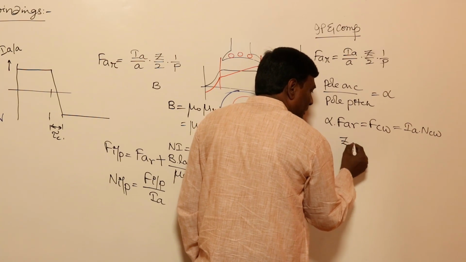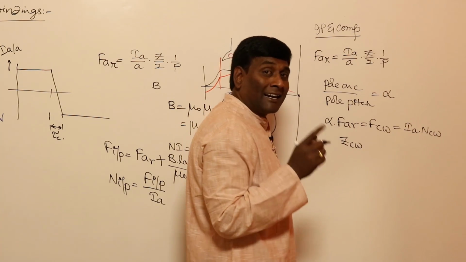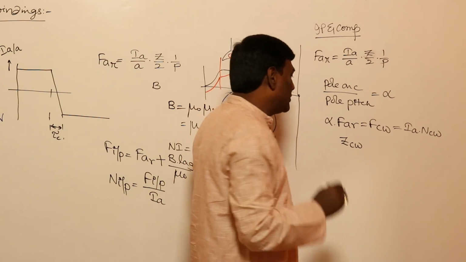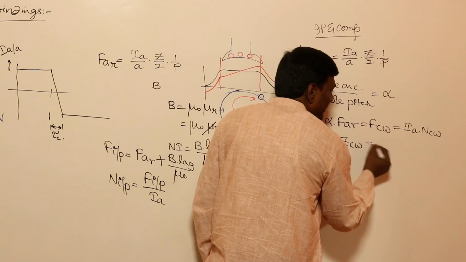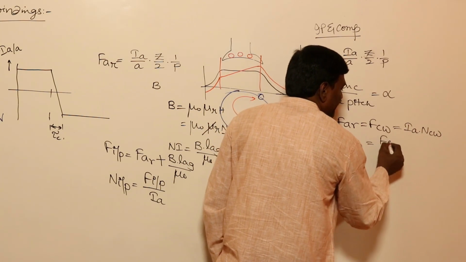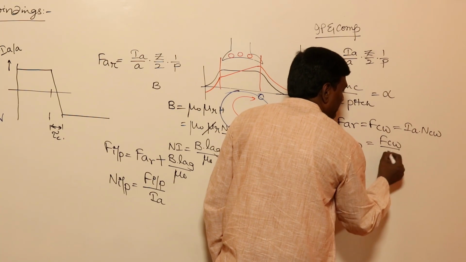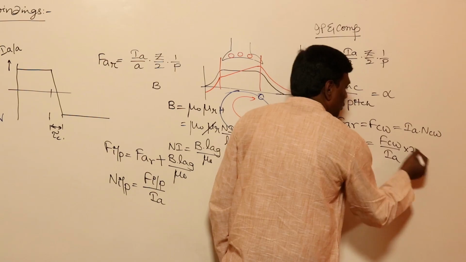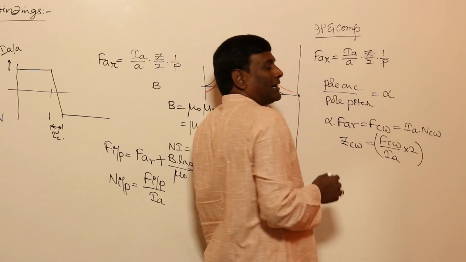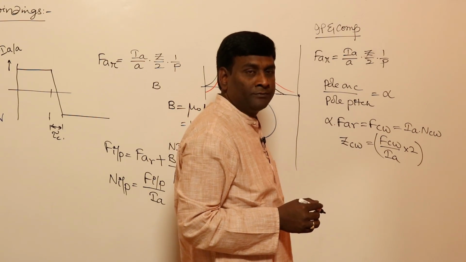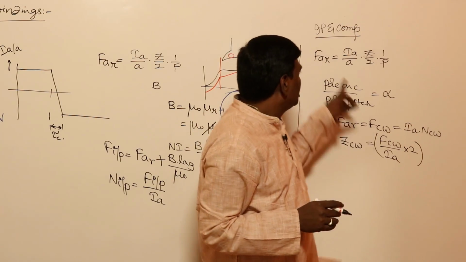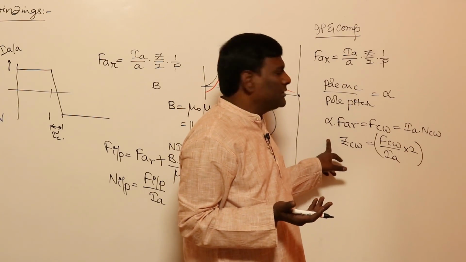So Z of compensating winding, because conductors only will be there per pole. Not turns, conductors only will be there. Z of compensating winding, conductors, is going to be FCW MMF by IA, turns, into 2, is going to be compensating conductors per pole. Done, deal done. We need not remember anything. Okay, this is fine. Pole arc by pole pitch, fine.